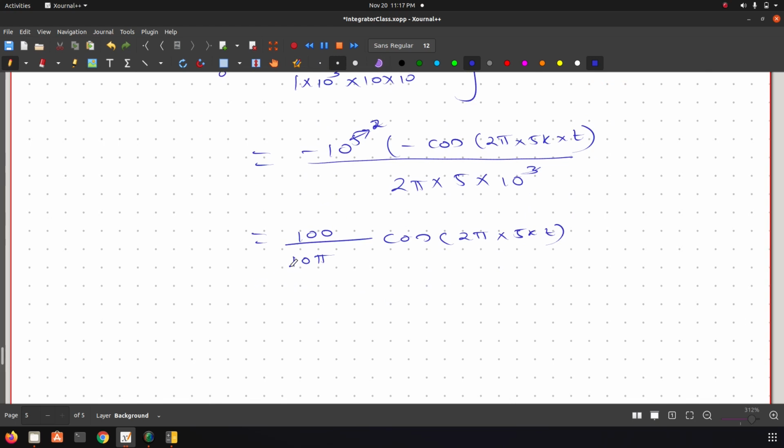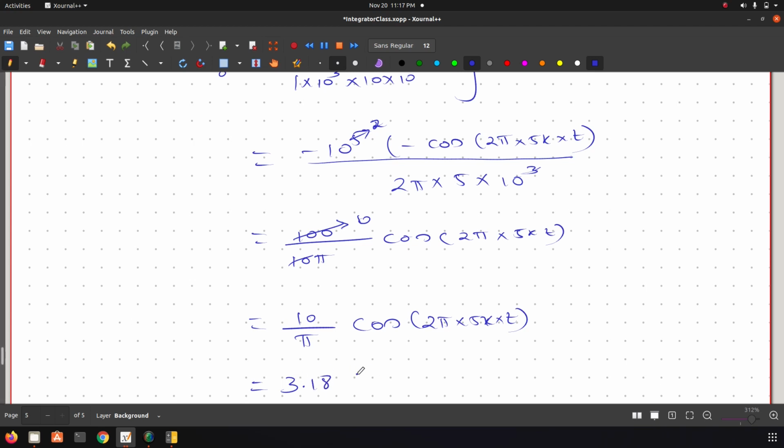We can reduce this further to 10 by pi times cos of 2 pi into 5k t. This 10 divided by pi is 3.18.